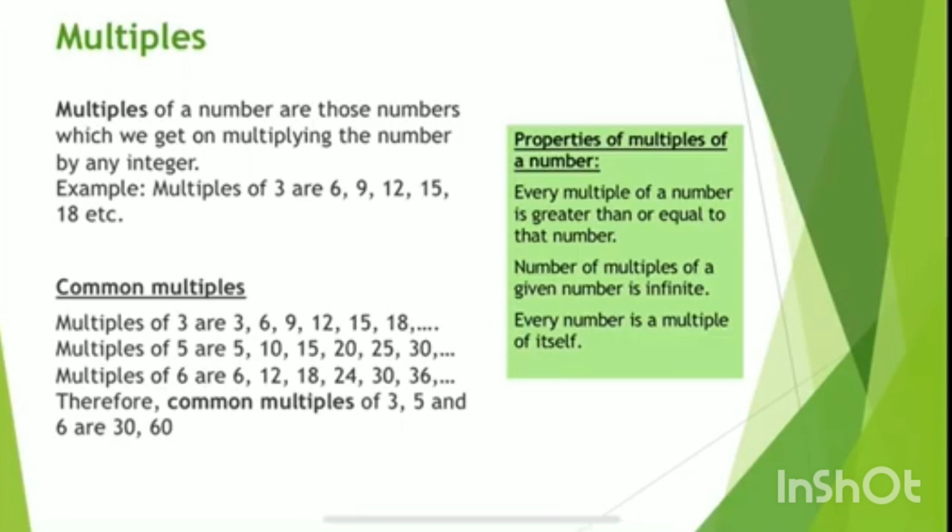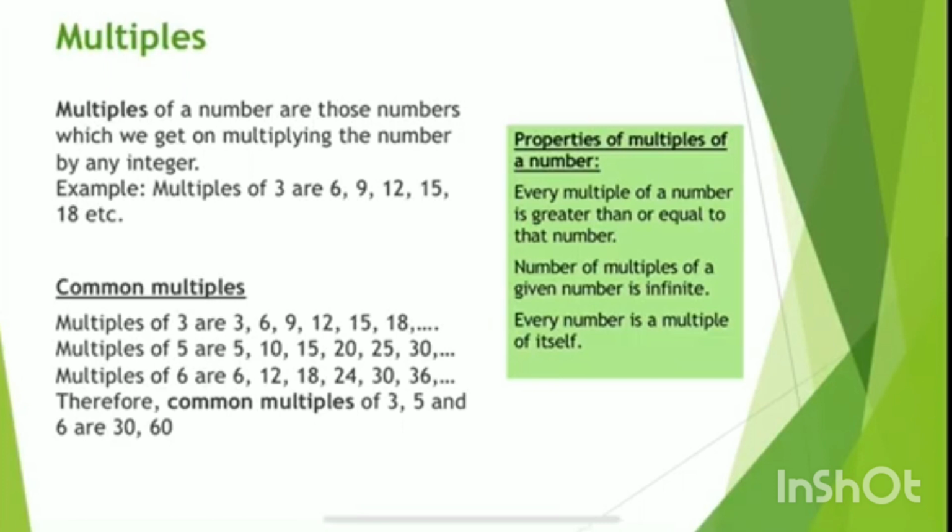Multiples of 6 are 6, 12, 18, 24, 30, 36 and so on. Therefore, the first common multiples of 3, 5, 6 are 30 and 60.